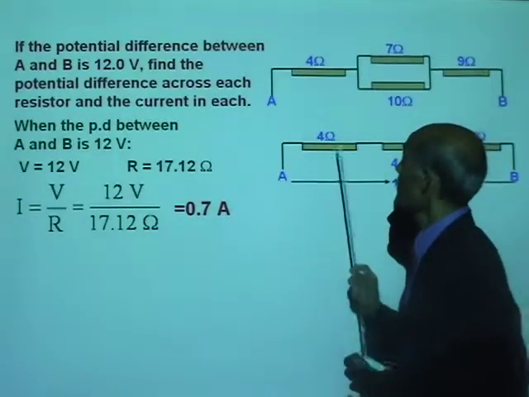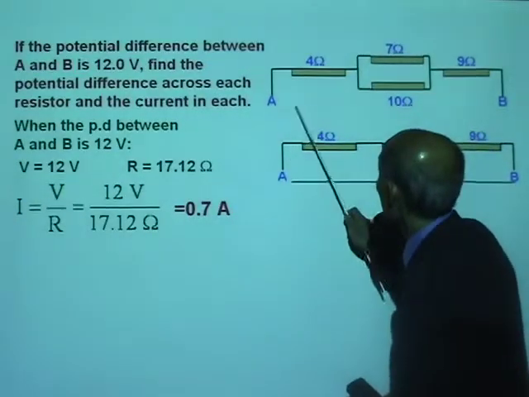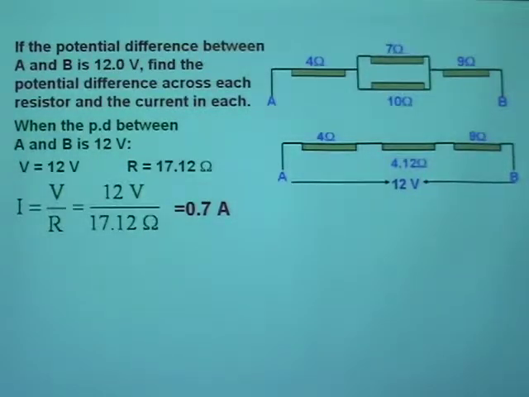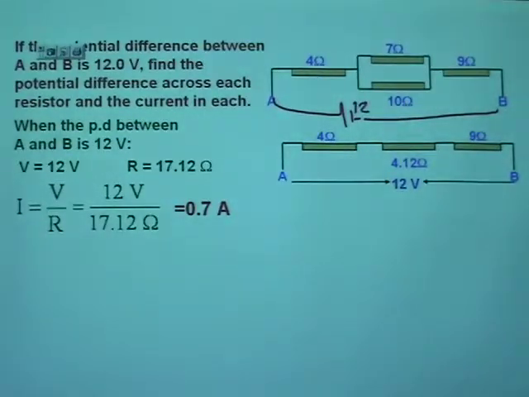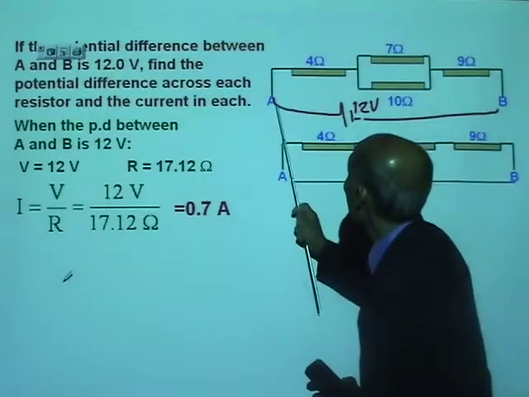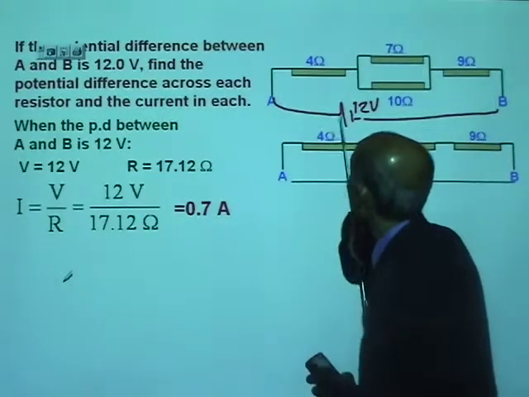Now, suppose there's a battery in here. Let me go and draw the battery there for you. This is A, that's the battery there, and that battery is a 12 volt battery. Now, you must understand what this means is the battery now drives a current of 0.7 ampere.